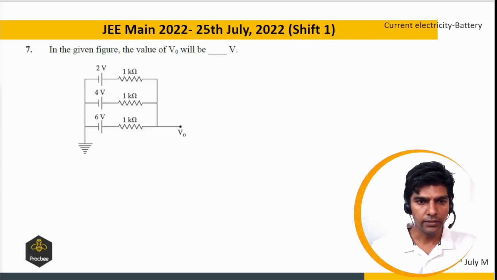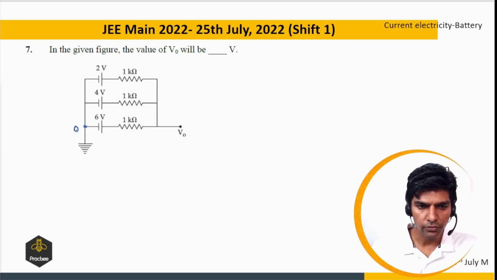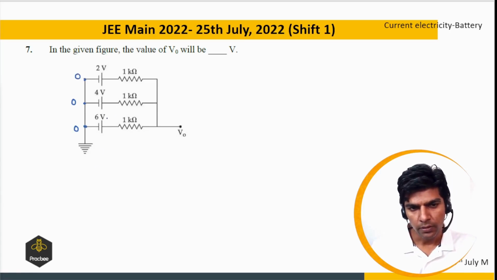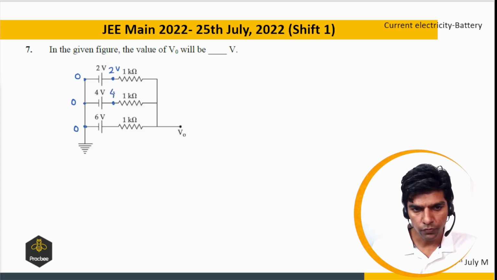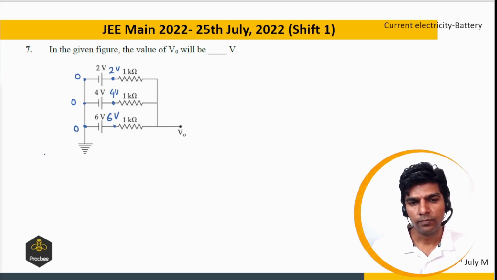Now let us see this case. In the given figure, the value of V0 will be, so if this is V0, let us take this voltage as 0. Here I'm taking it as 0 because we have connected this with the ground. So if this is 0, then at this particular point the voltage will be 2 volts, here it will be 4 volts, here it will be 6 volts, right? And we have to find V0.